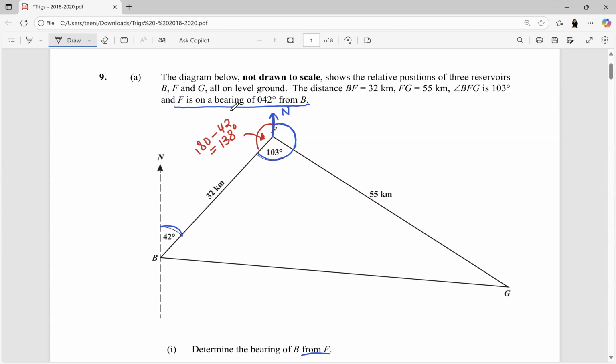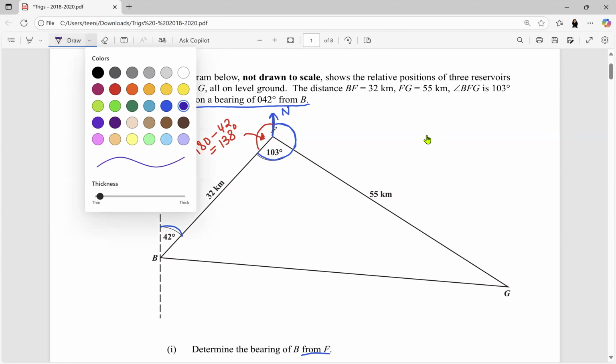180 take away 42. Now, because this angle of 138 that I just found, this angle of 103 degrees on the inside, and the one on the outside here are all around a point, they all add up to 360 degrees.